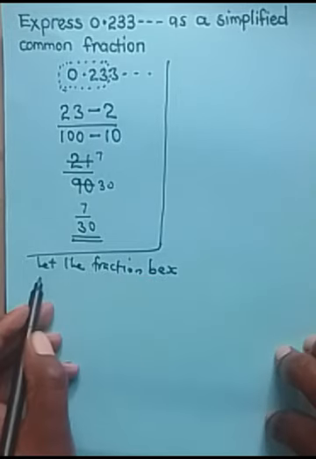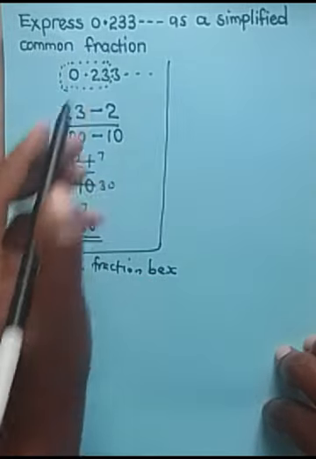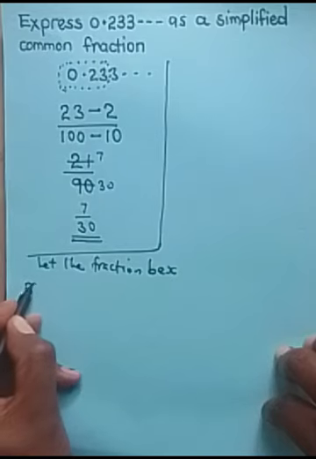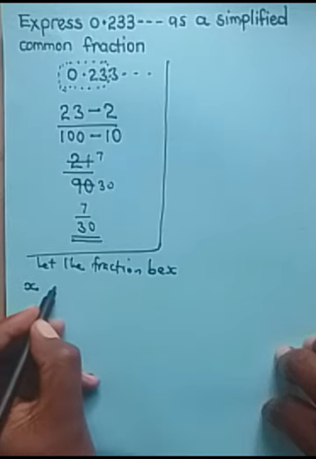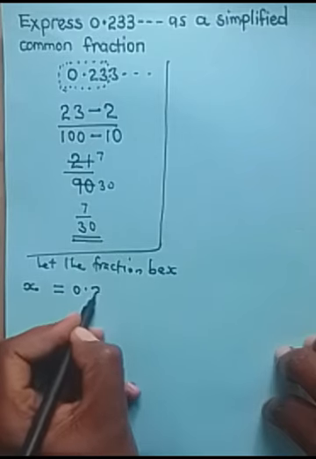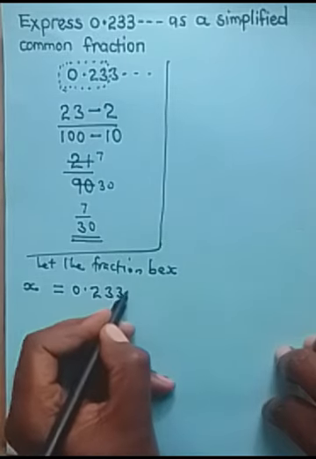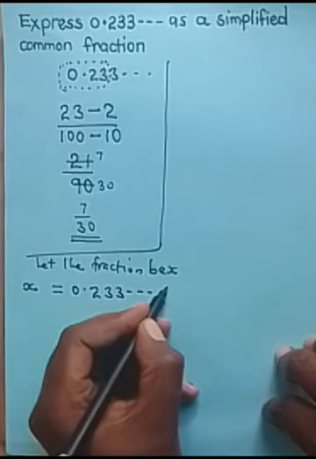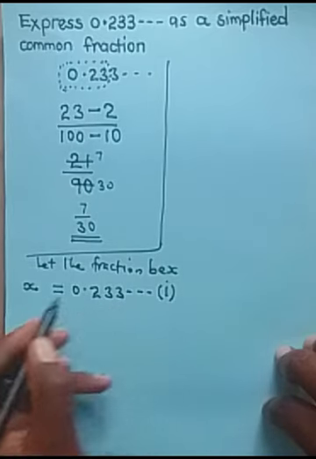So if the fraction is x, we form the first equation by saying x is the same as 0.233 repeating itself. This is our first equation.